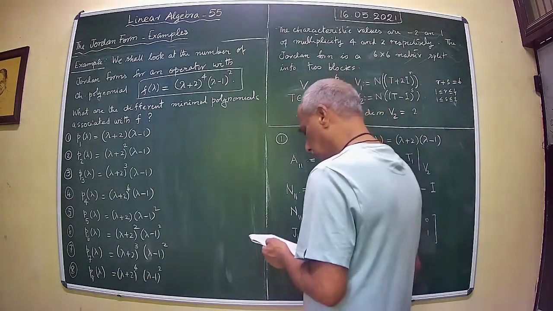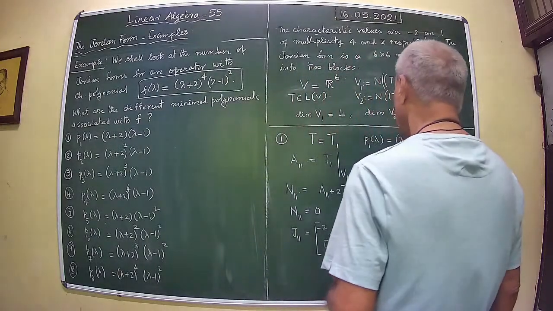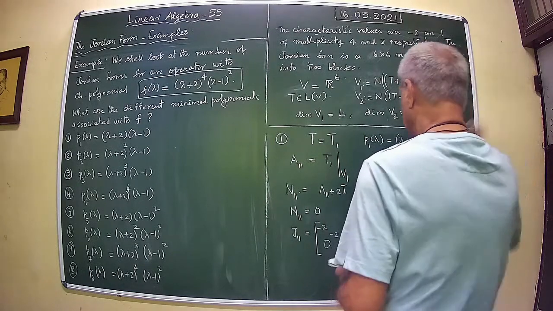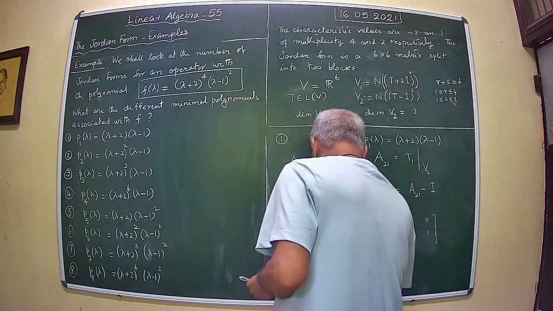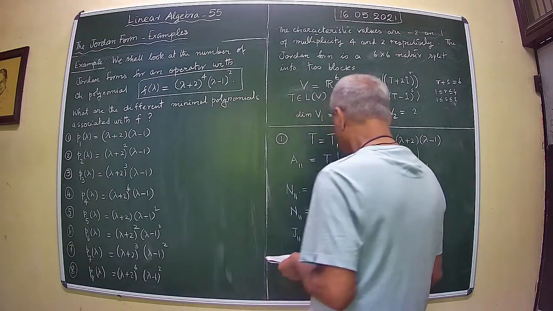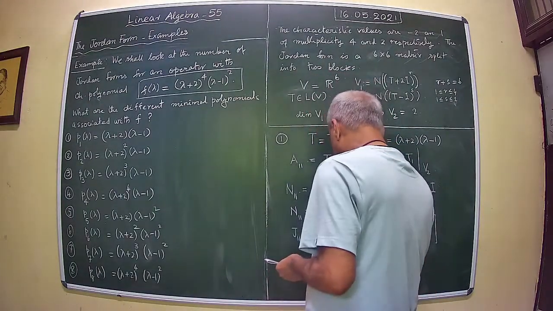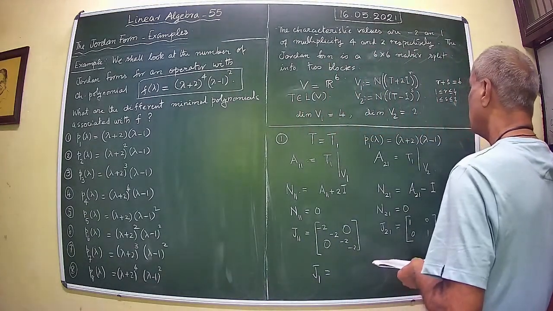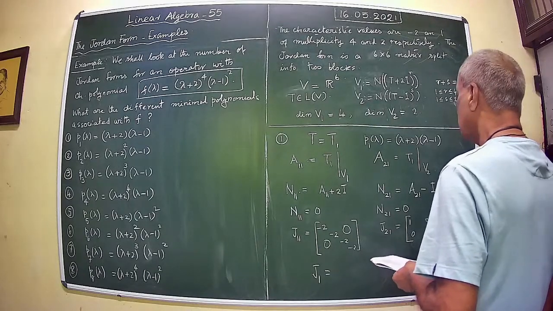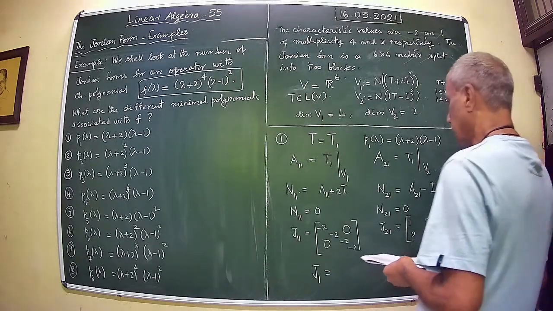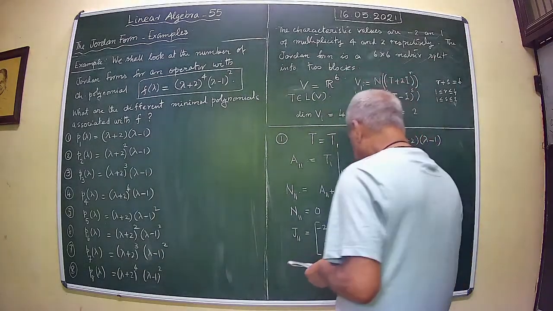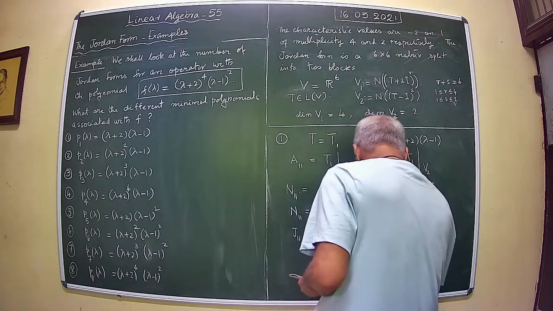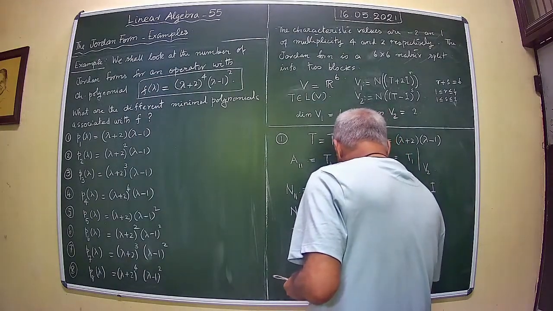what is called the Jordan form for, which is the Jordan form for A1. Okay, Jordan form for T1 is given by then into two blocks.